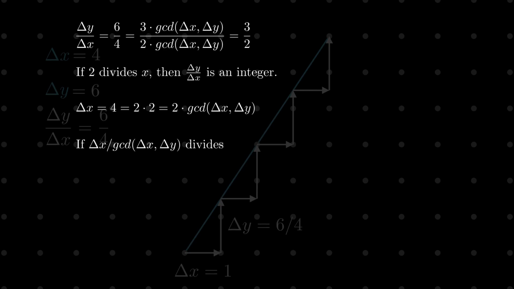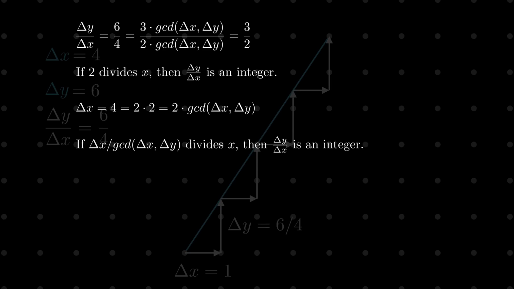Now in general, delta x has to be divisible by delta x divided by the GCD of delta x and delta y, because delta x is just the bottom part of the fraction times the GCD of delta x and delta y.